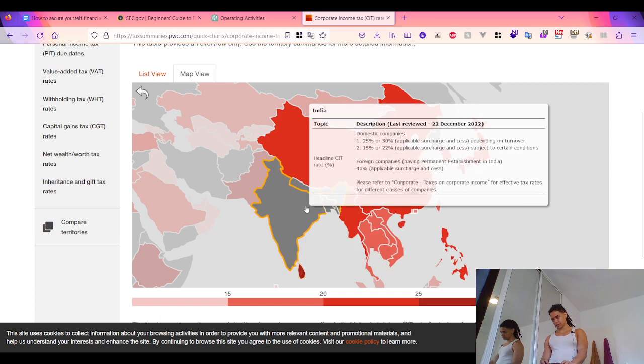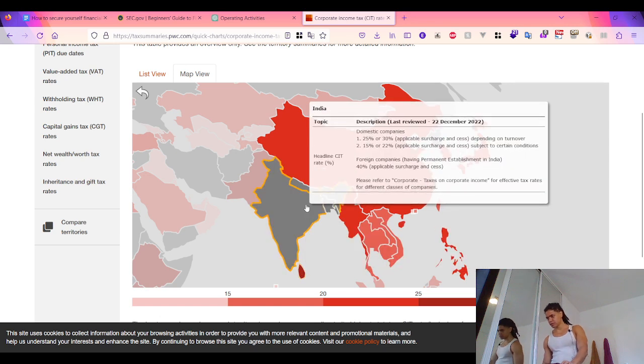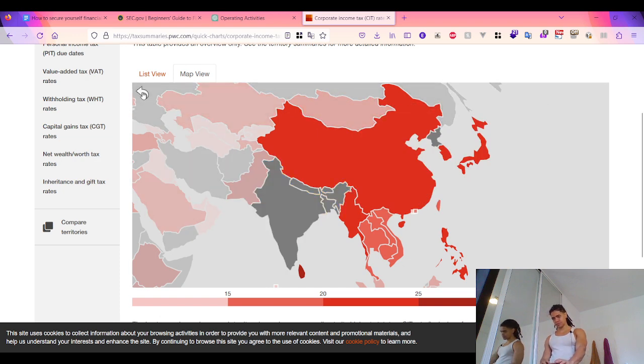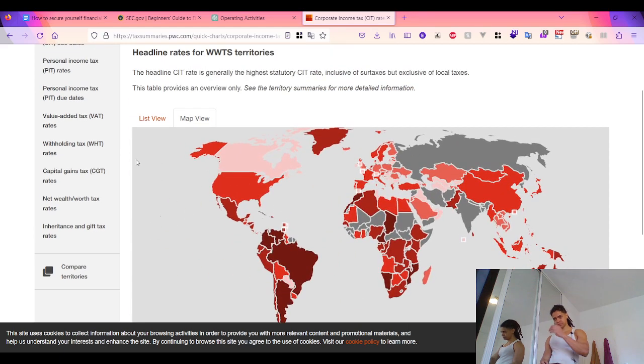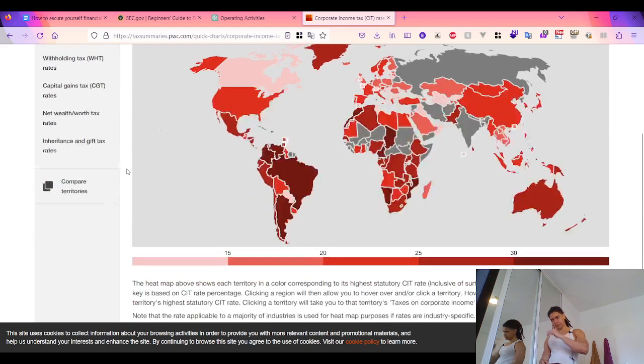Sri Lanka. Domestic companies, foreign companies. This is a very interesting map, by the way.